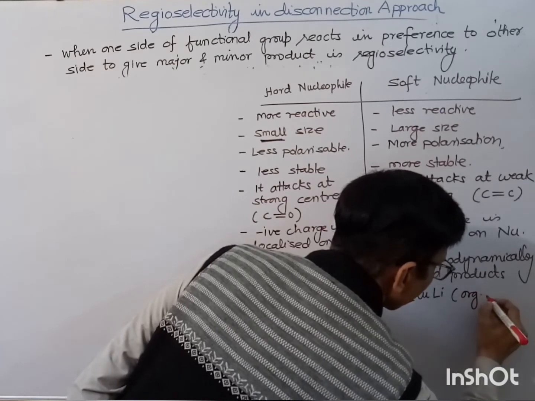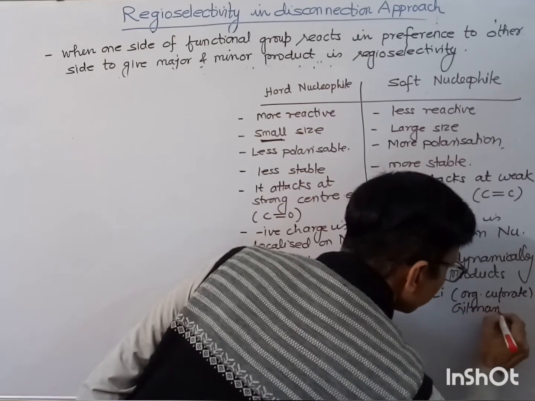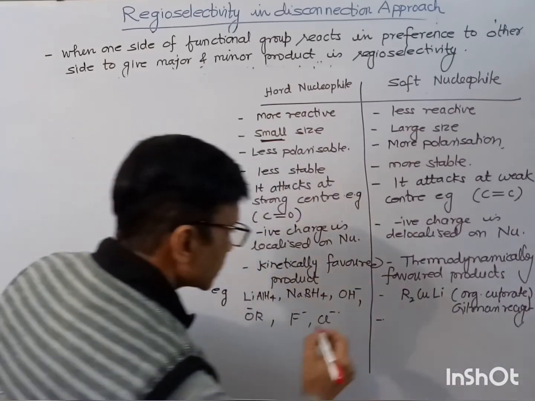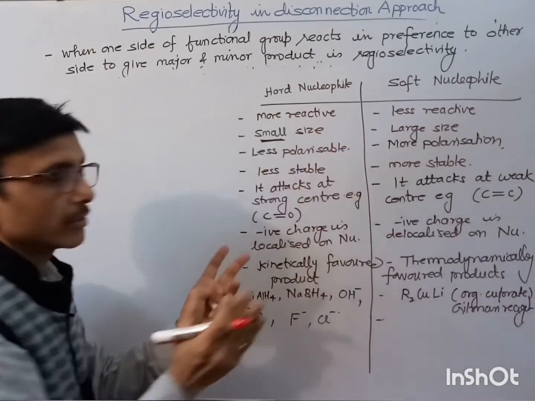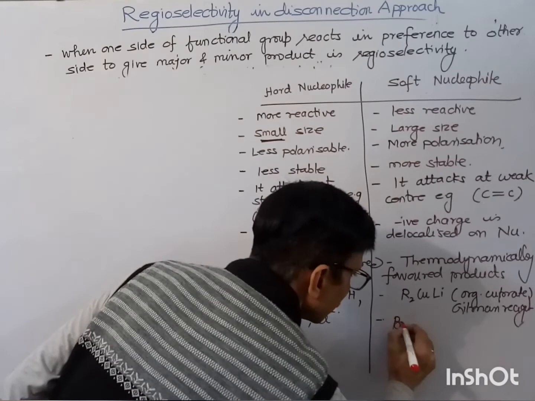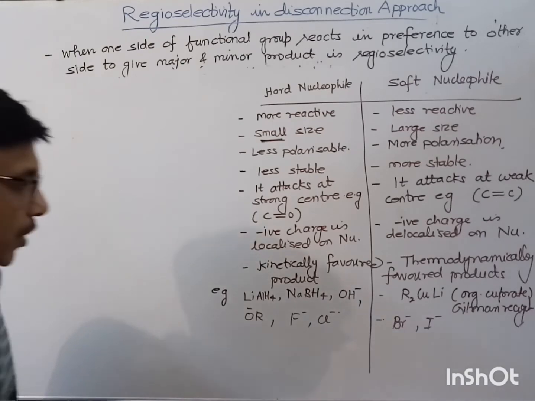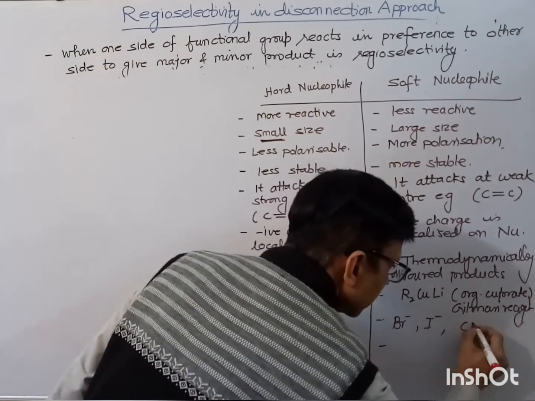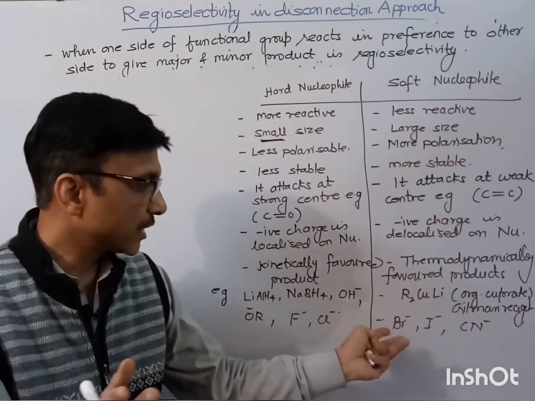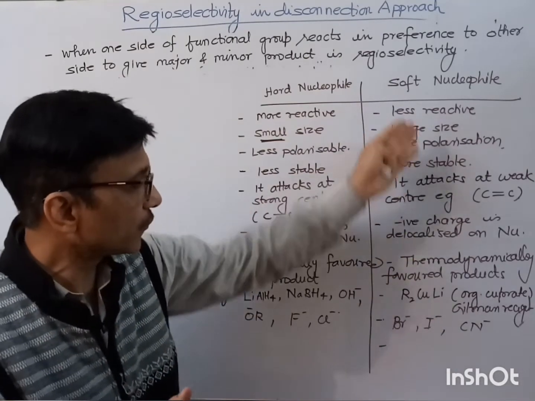Similarly, a large size atom acts as a soft nucleophile, for example bromide, iodide, or the cyanide ion. On a large nucleophile the negative charge is delocalized, so it acts as a soft nucleophile.